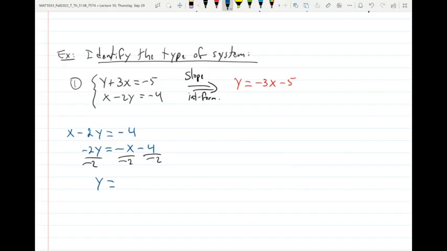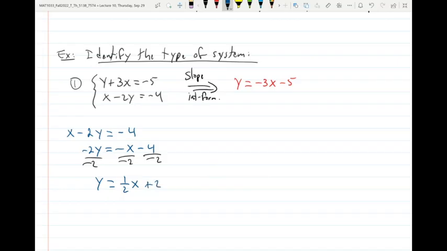What's negative divided by negative? Remember, we want to write mx plus b, something times x plus something. So 1/2 x. Remember, x over 2 is the same thing as this. And then plus 2.